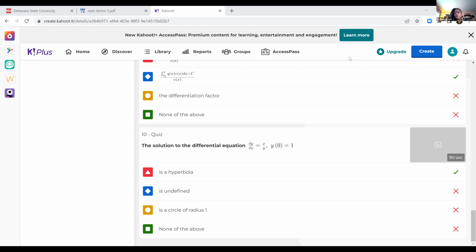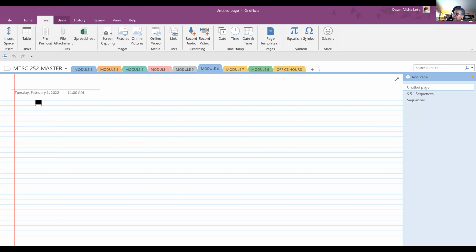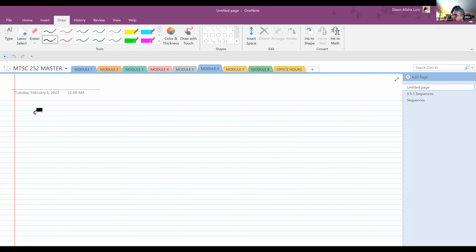Okay, so let's go back to here. And before I start sequences, I'd like to just say a little bit about those two problems. So the first one said that you could use Euler's method on separation of variables and the other first order differential equation. So for separation of variables, you have something like dy/dx is equal to f of x, y.